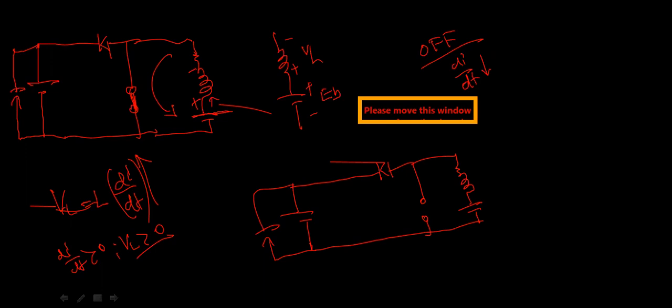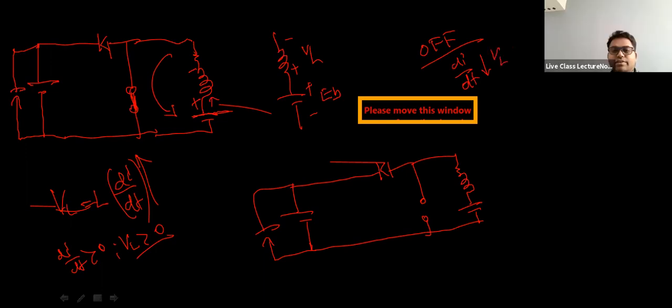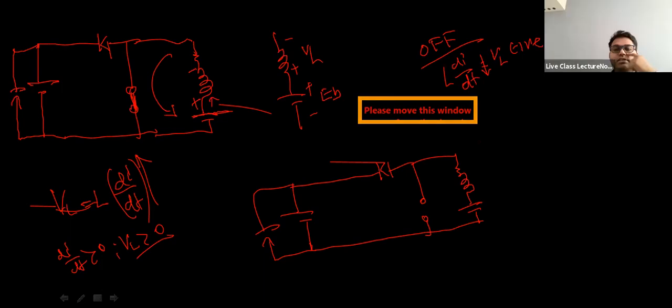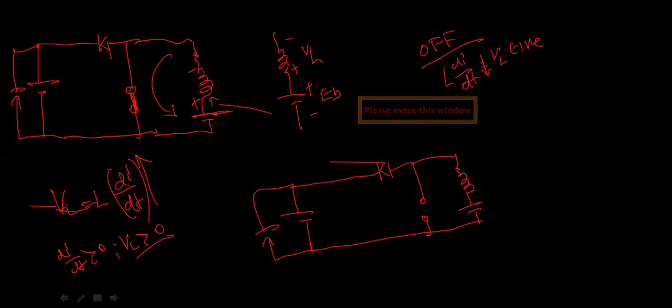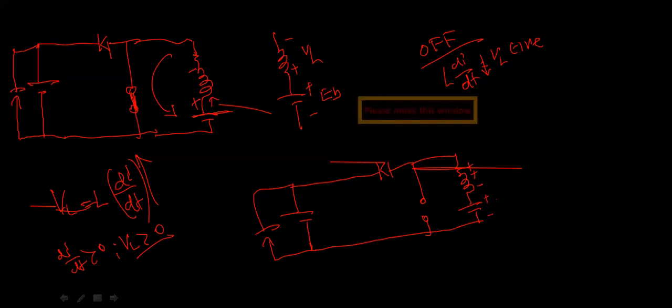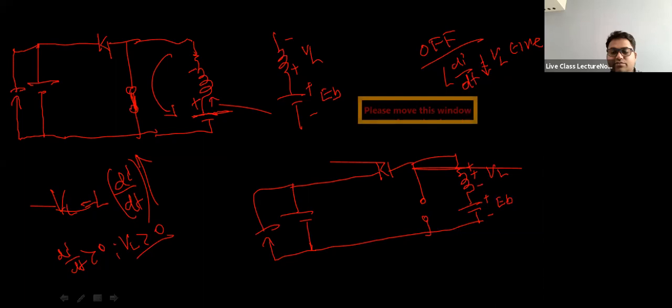So di/dt will be negative, so VL will be negative. Is it not so? Yes. Did you get it? Yes, sir. So what will happen? It will flip now. Here it will be plus and here it will be minus. So E back is getting added on to VL or not?